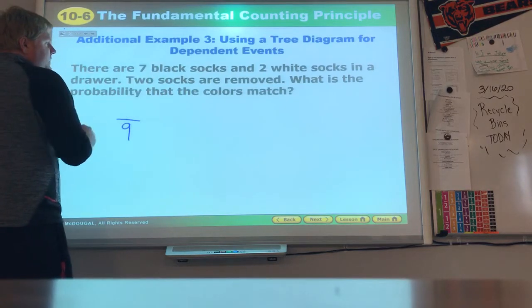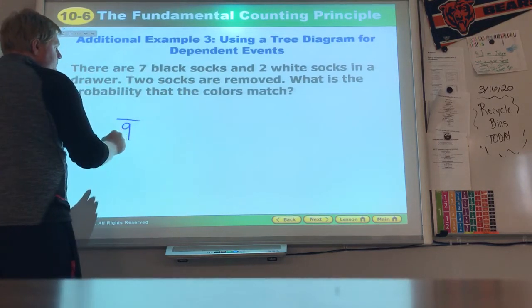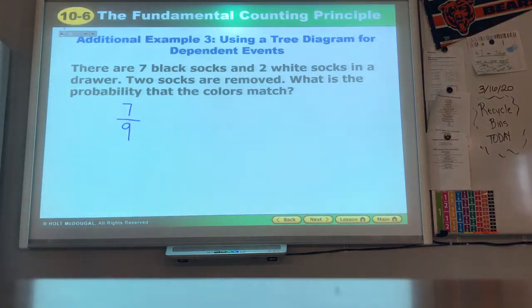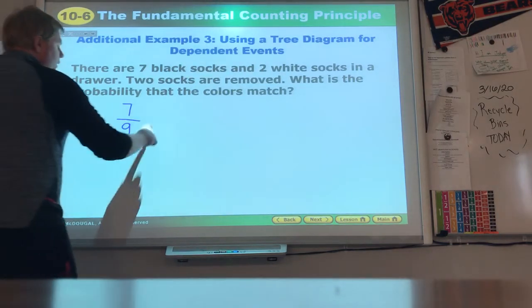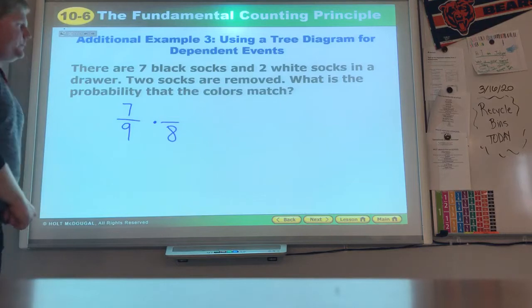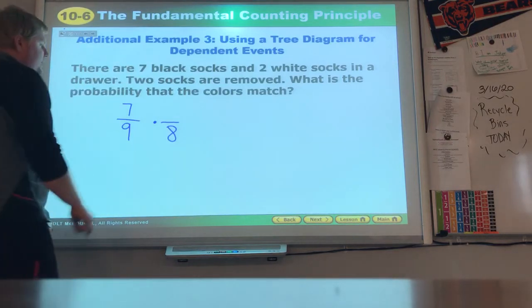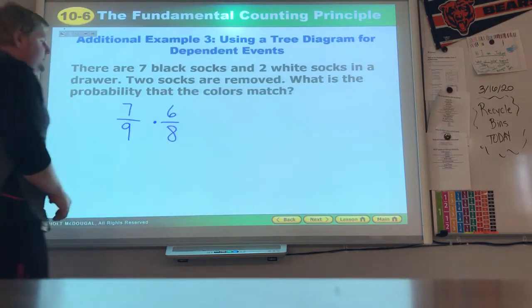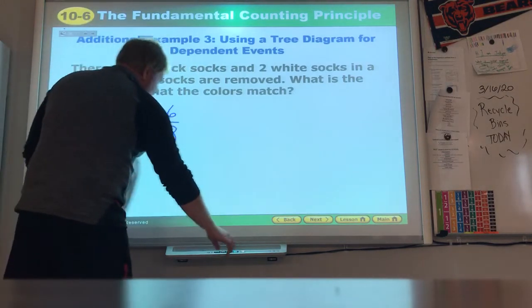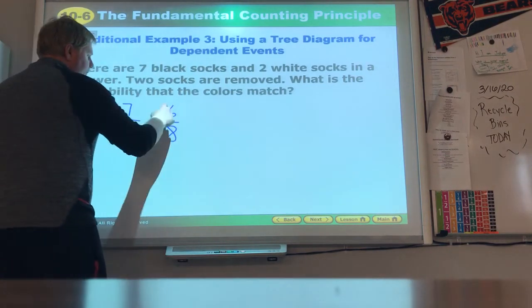Now, if I want to get black socks, that first time I draw it, there's a 7 in 9 chance of getting a black sock. Okay? That second time, there's only 8 socks left in the drawer. And I removed one of the black socks, so there's a 6 in 8 chance of doing that. Now, I'm going to reduce before I multiply.